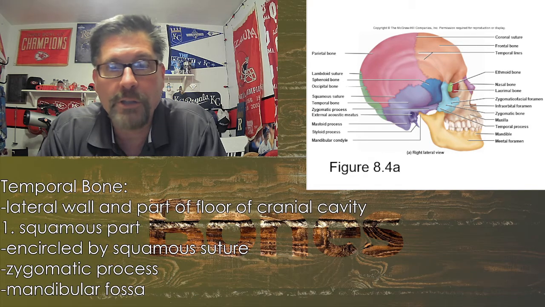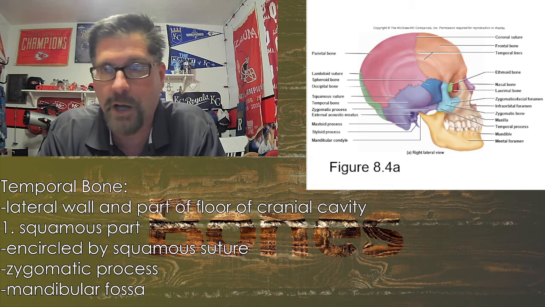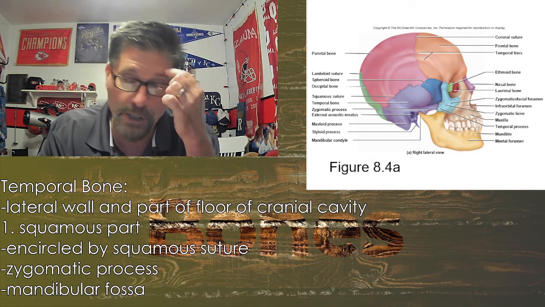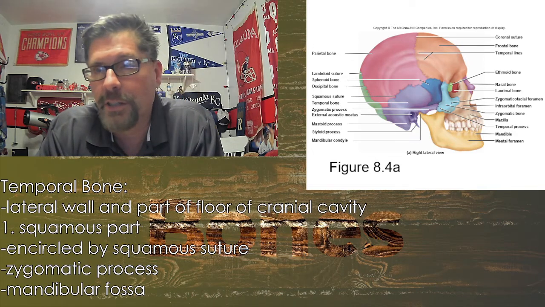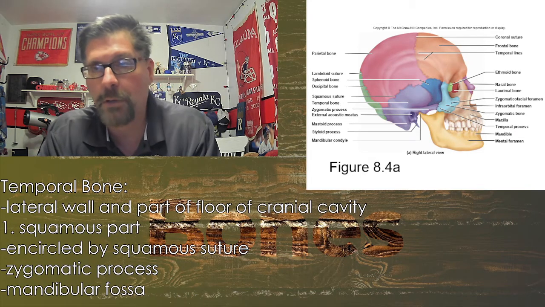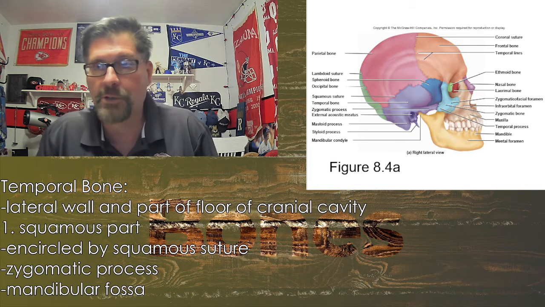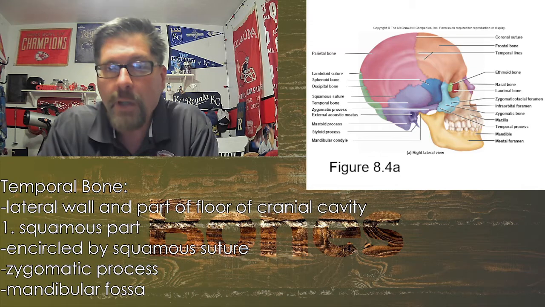For further clarification, you can see the words zygomatic process there and mandibular fossa. They're kind of the same area, and they actually are touching. The zygomatic process is that purple part that extends below the blue section, and it reaches up and touches the light blue section over there, which is the zygomatic bone. That's the process.